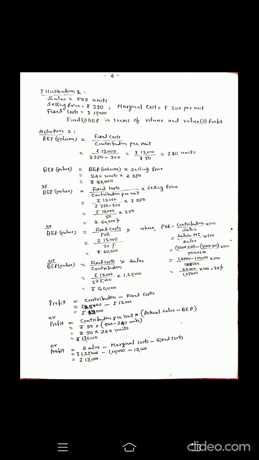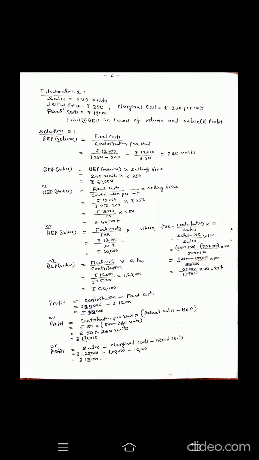Now, BEP in terms of value can be obtained with the help of the alternative formula. See, BEP is equal to BEP in terms of volume into selling price. So 240 units into 250 rupees, that will be rupees 60,000.